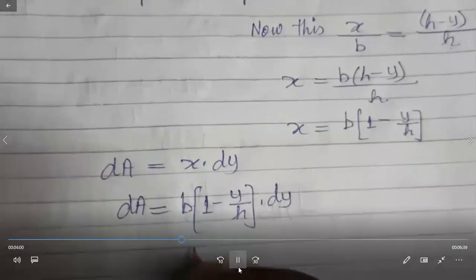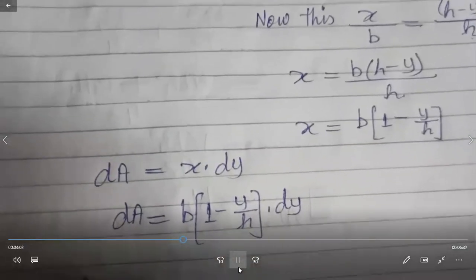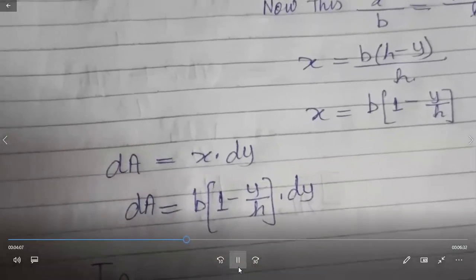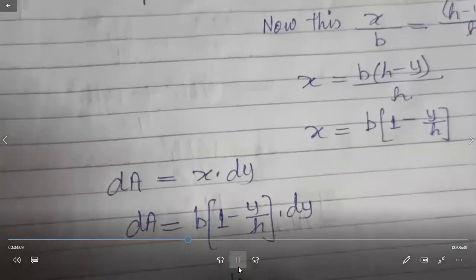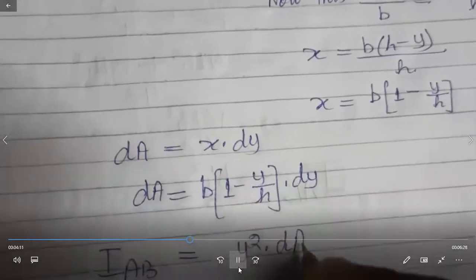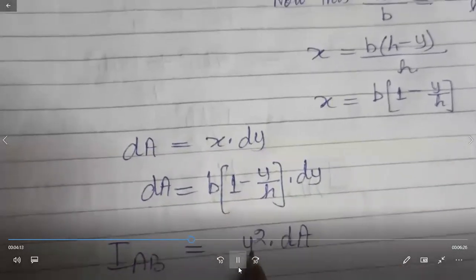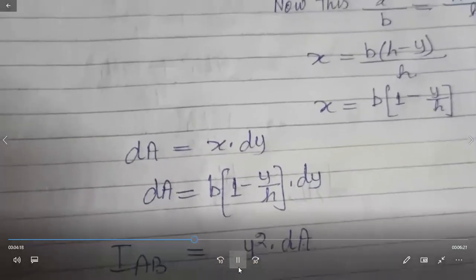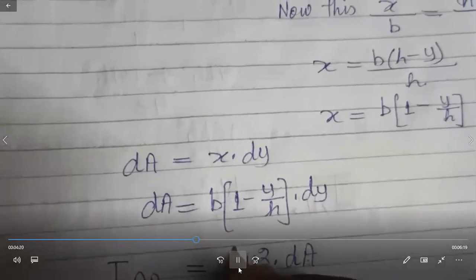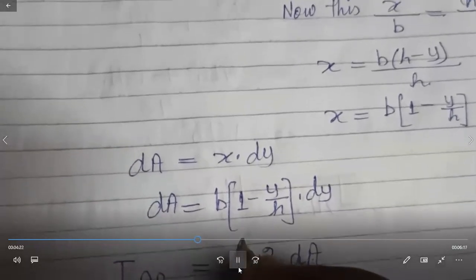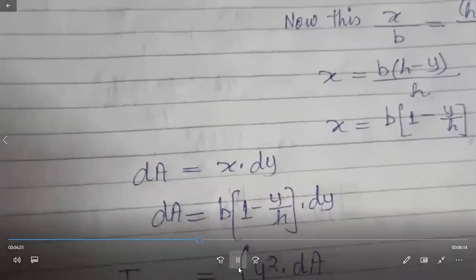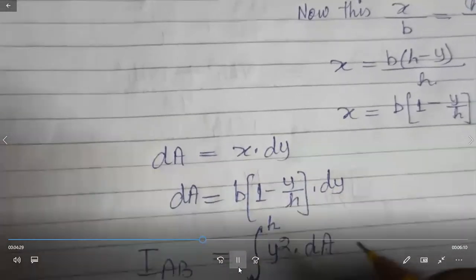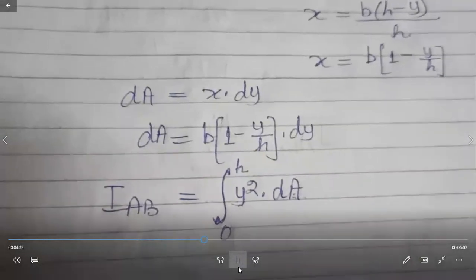So we find out the value of IAB is equal to y square into dA, second moment of area, or for the whole triangle about AB it is integrated between the limits 0 to h.